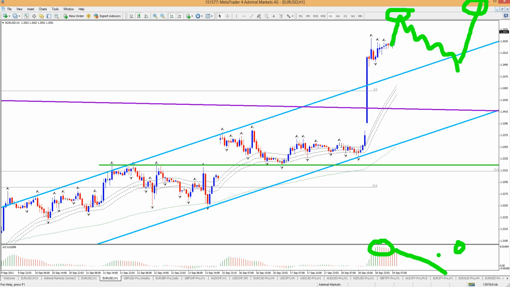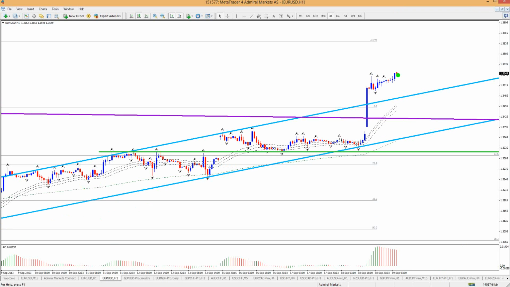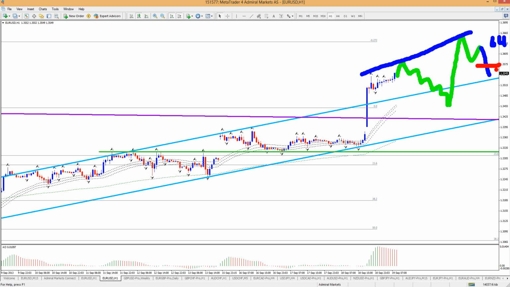In other words, if I zoom out like this, once we get divergence between these tops here and a 1-hour lower high here, then that would be kind of a reversal confirmation trade where the red lines are.